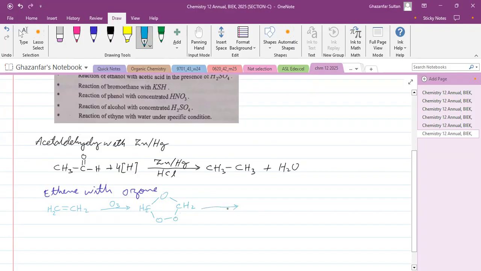When this ozonide is treated with zinc and 800 degrees Celsius, according to our book, we get 2 moles of formaldehyde, with the liberation of zinc oxide.